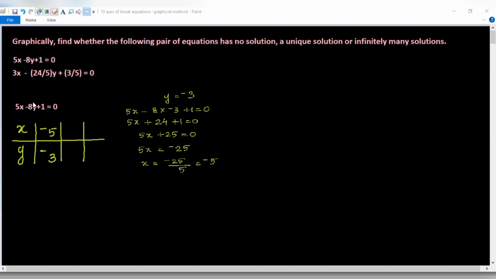Next, let us try y equal to 2. Okay, let us try that. What happens if y equal to 2 in this equation? 5 into x minus 8 into 2 plus 1 equal to 0.